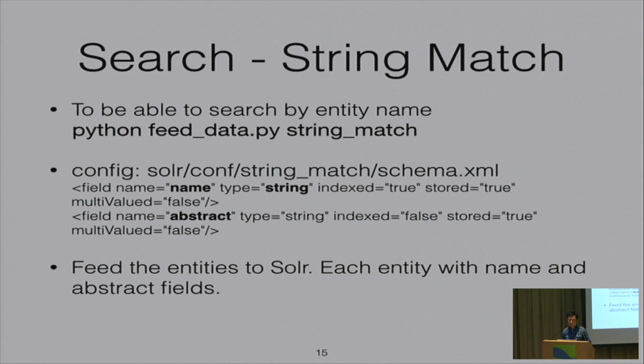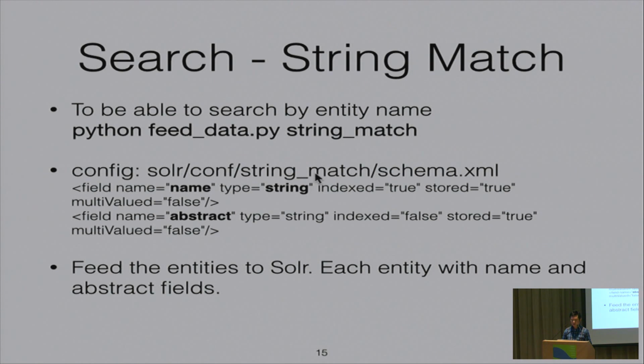Let's start from the simple string match. In Solr, we have to define the fields of an entity and define their types. Here, in order to do the string match, we define name as a string and abstract also as a string, and after that we can run this command to feed the data.